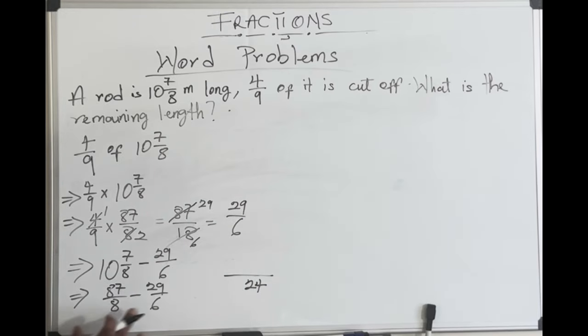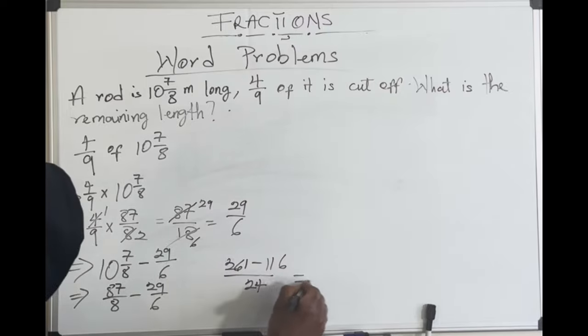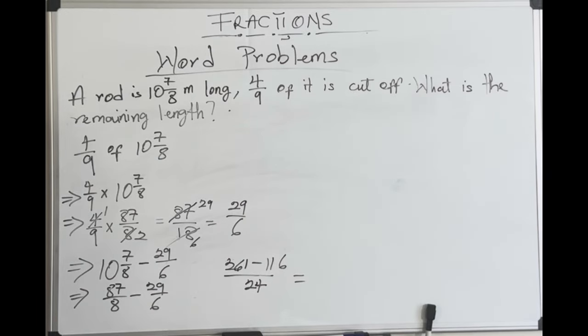Okay, so 8 goes into 24 3 times, and 3 times 87 will be 261, minus 6 goes into 24 4 times, and then 4 times 29 is 116.